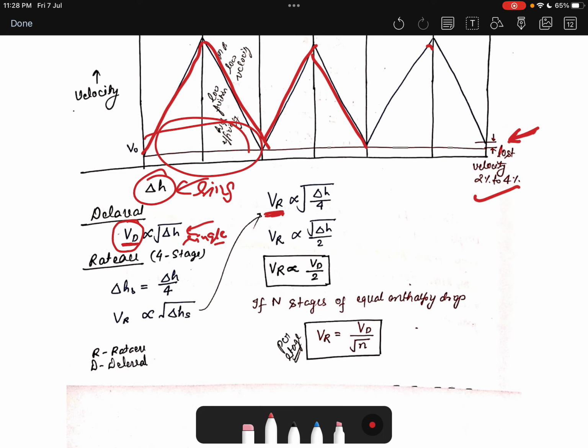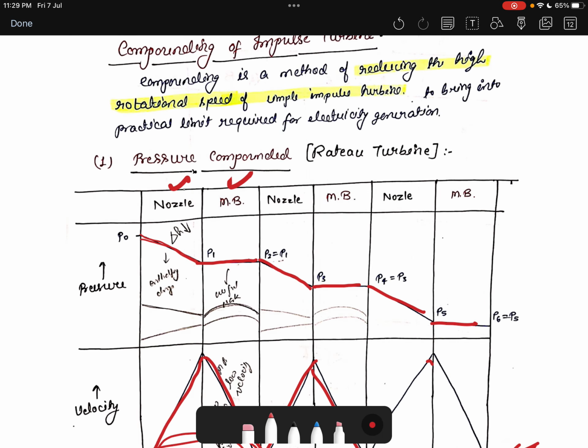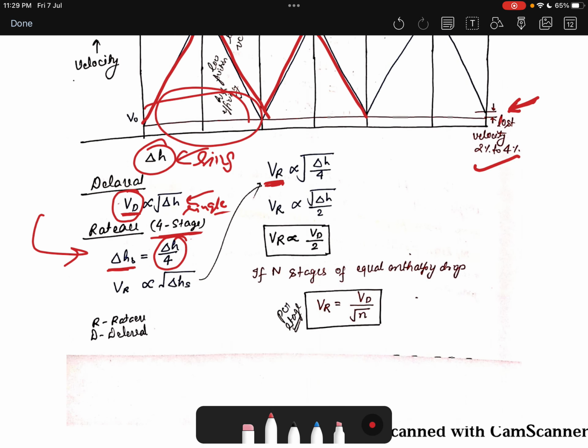So what will be the velocity of the rotary turbine? Here we can see that for the 4 stages, the enthalpy drop delta Hs is equal to delta H by 4. Here actually, what is delta Hs and delta H?